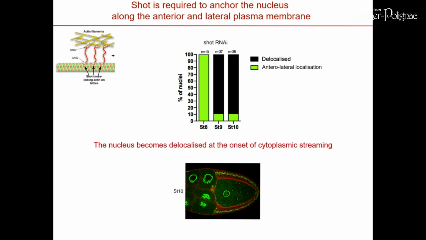And importantly, upon Shot inactivation, the migration of the nucleus per se is not dramatically affected. However, the nucleus starts to be mislocalized, and its anchorage is abolished, and this delocalization occurs more specifically at the onset of the cytoplasmic streaming.